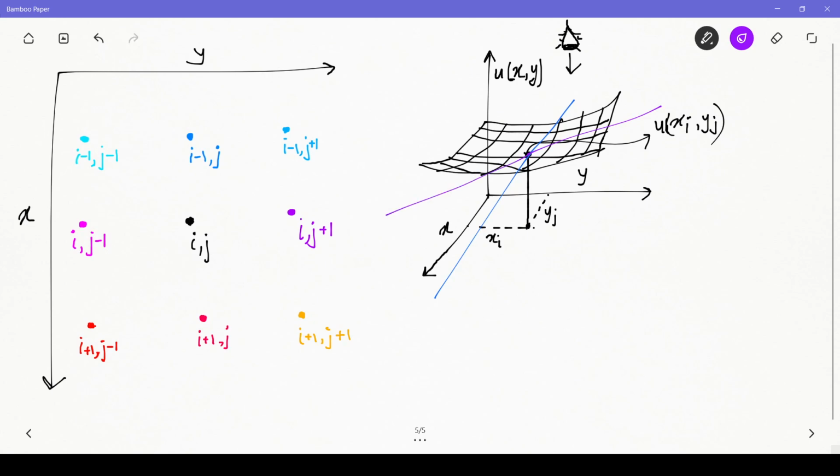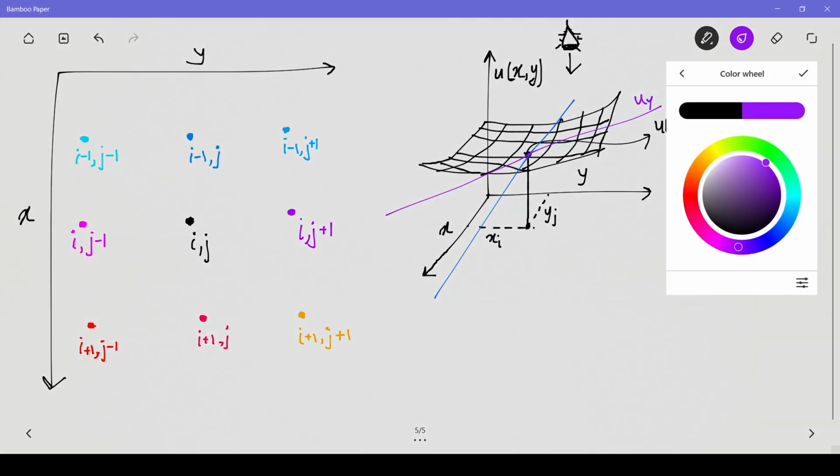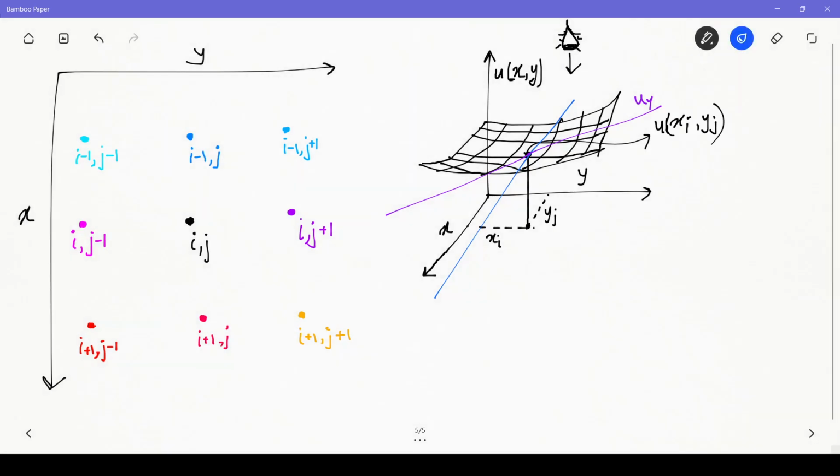Okay, so we call this thing our uy, and we call this thing our ux, right? This slope over here. Fine. So that was just to make you see what the grid points look like in actuality. But roughly, we are going to be given the matrix of the grid points.